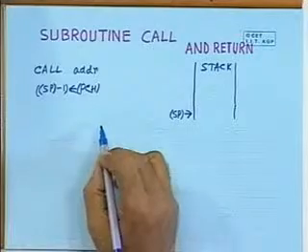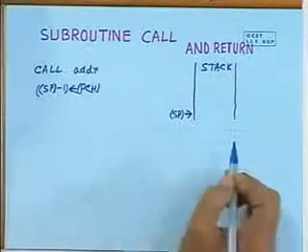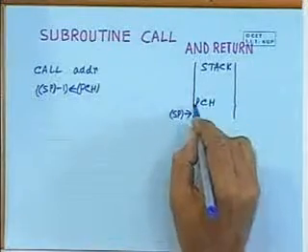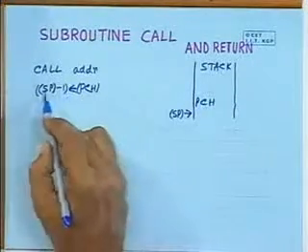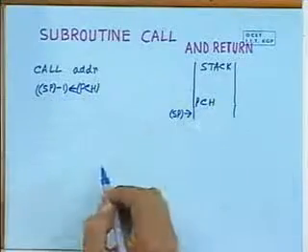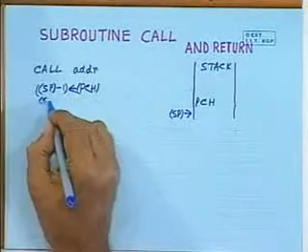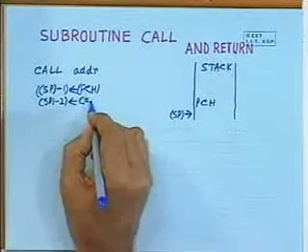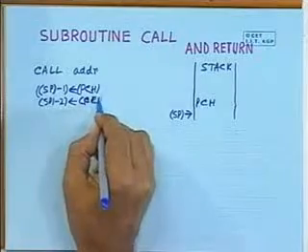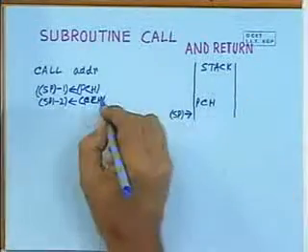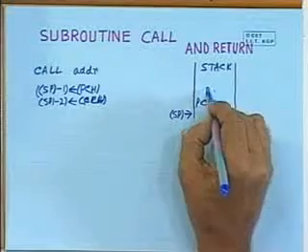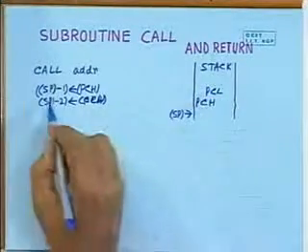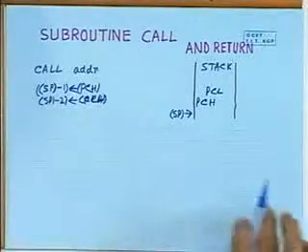In case of 8085, the program counter high value, PC high, will be loaded in the next lower location, SP-1, as you can see here. Similarly, PC low, the lower order byte, PCL, is loaded in the next lower location, that means SP-2.